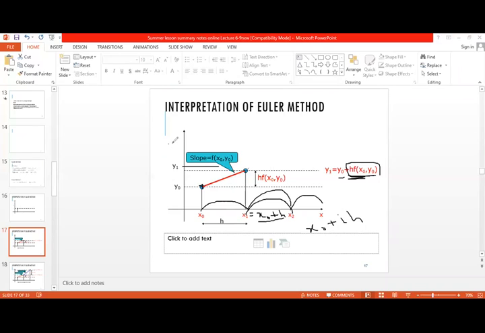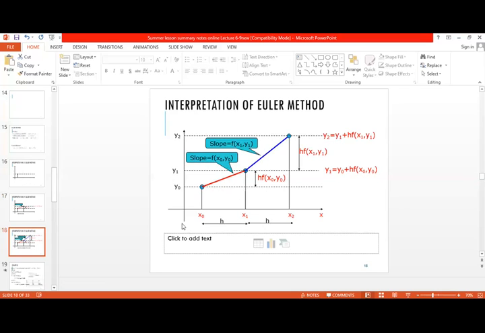So if this is y2, then eventually we are getting an approximate curve of the function, which is demonstrated in the next slide, as shown. So that helps us to get the solution of the function. And we know that the solution of a differential equation is the function whose derivative satisfies the differential equation.